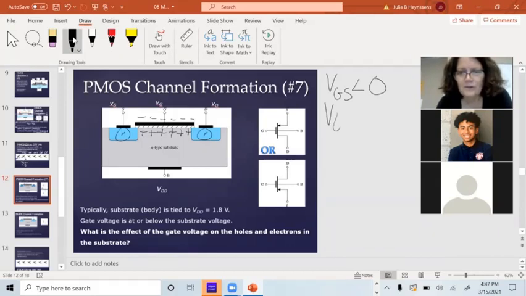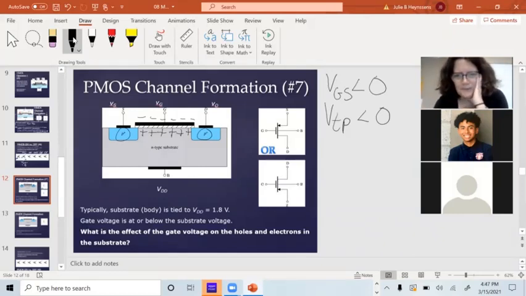My V threshold for a PMOS device is going to be less than 0. It'll be a negative number. I have to get negative charge at the gate, and I need to get positive charge at the channel.